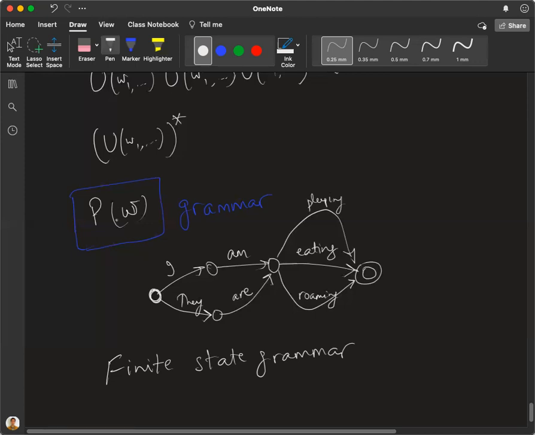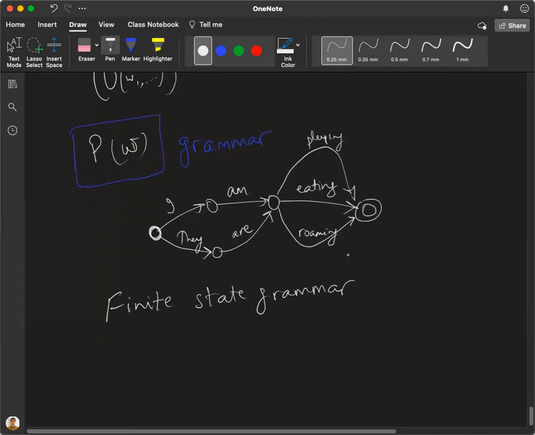I can say I am eating because they are roaming. Like I am eating an apple because they are roaming in the city. So finite state grammars may not be able to capture much variation in the language in terms of compositionality, right? So we have to bring in some other kinds of grammars, let's say context free grammar.